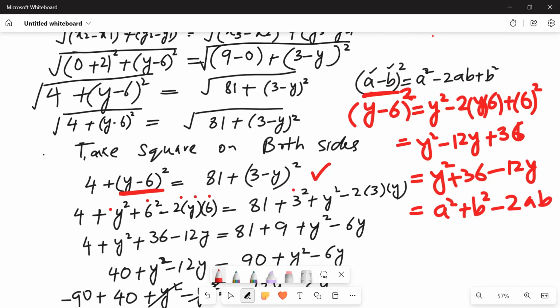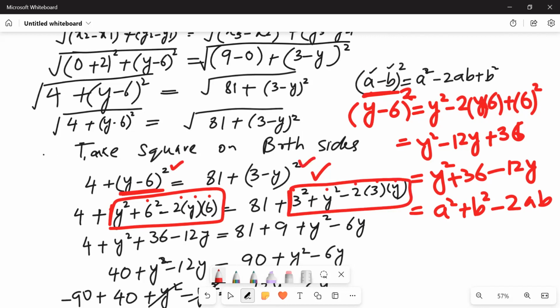It is A square, it is B square, it is 2 of the formula, and this is A and this one is B. We have to open this identity, so I applied this formula here, and in the same way I did for 3 minus y square.